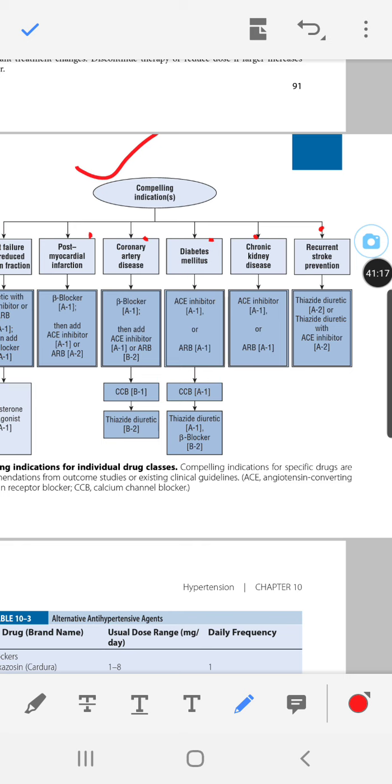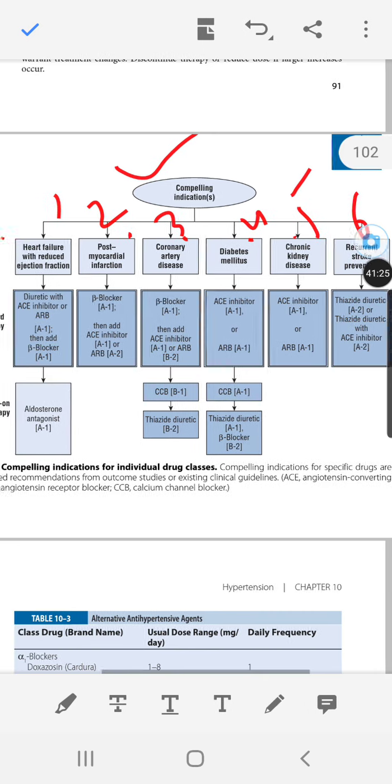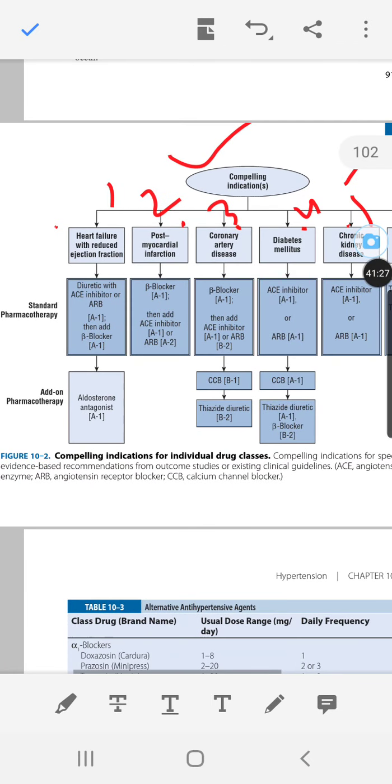These are the compelling indications: 1, 2, 3, 4, 5, 6. So these 6 compelling indications require specific therapy.